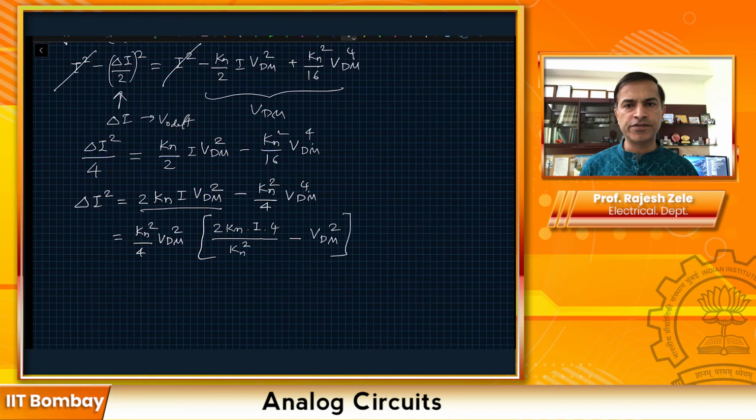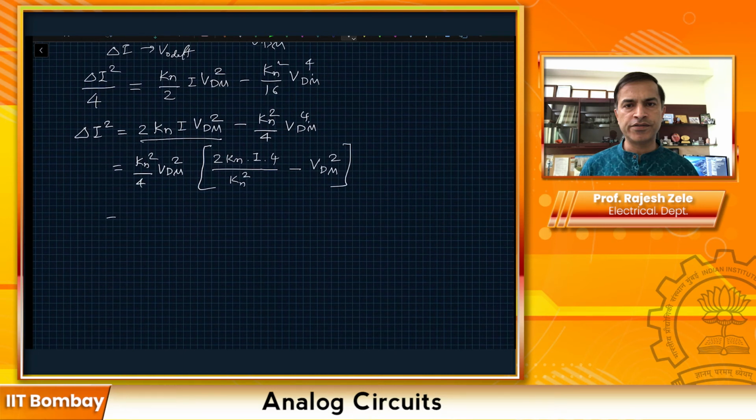That's what we'll get. We can clean it up a little bit. So this would look like Kn square divided by 4 VDM square, and in the bracket you will get 8I divided by Kn minus VDM square.